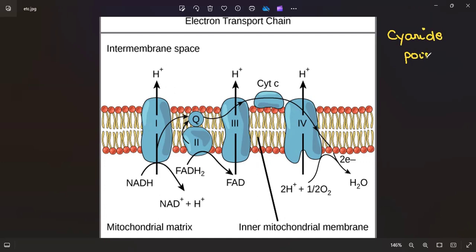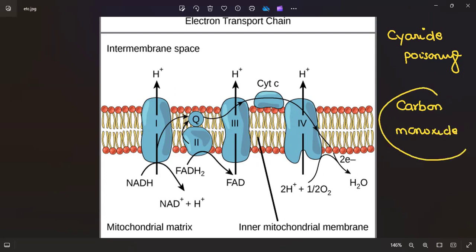When someone has cyanide poisoning, or carbon monoxide poisoning, these guys, carbon monoxide and cyanide, actually block the fourth complex.